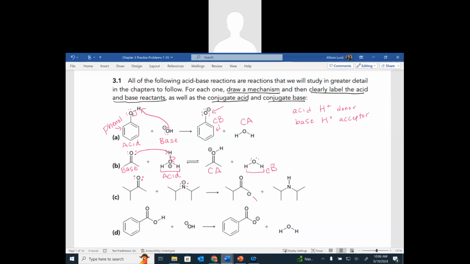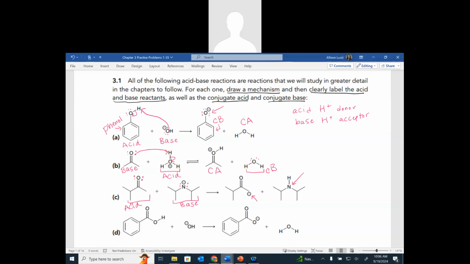What we see here is a -1 formal charge on this carbon, so that means that carbon has lost a proton. And we see over here that this nitrogen has received it. So this species over here must be working as our acid. It donated a proton. This species here with the nitrogen must be our base, since it has accepted a proton on the product side. Let's see how this mechanism would work.